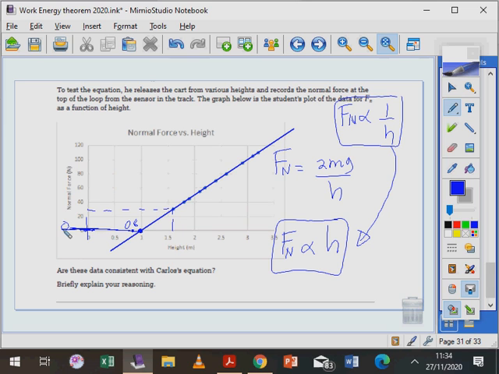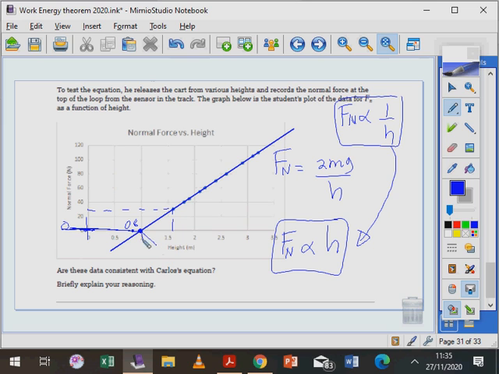If you're in free fall, do you have contact with the track? No. So even at 1, where the line touches the axis, you have a normal force of 0. Therefore, at 0.8 for sure, it cuts.